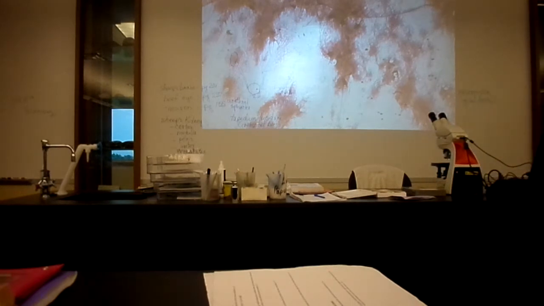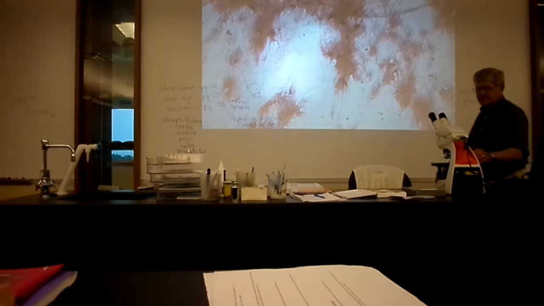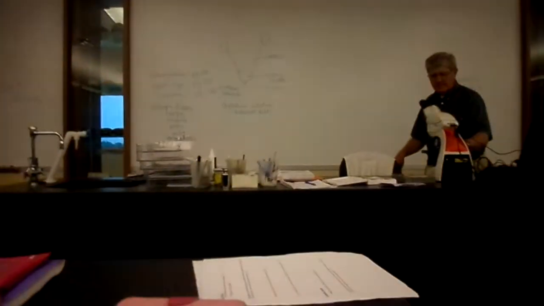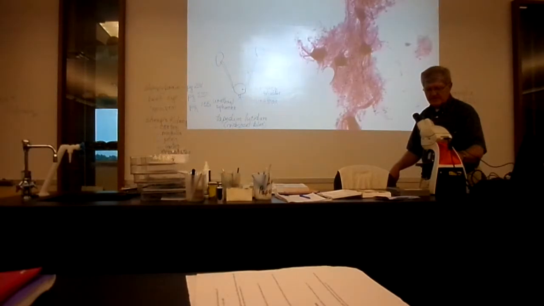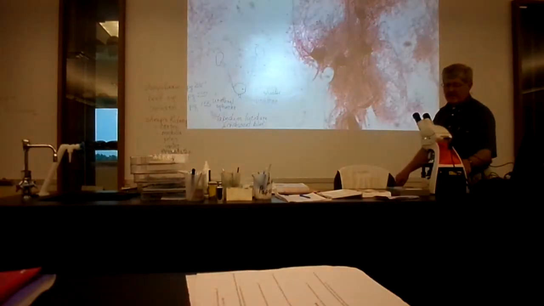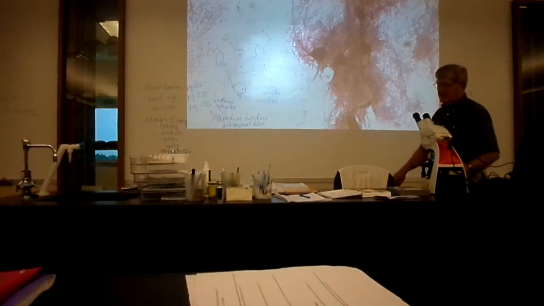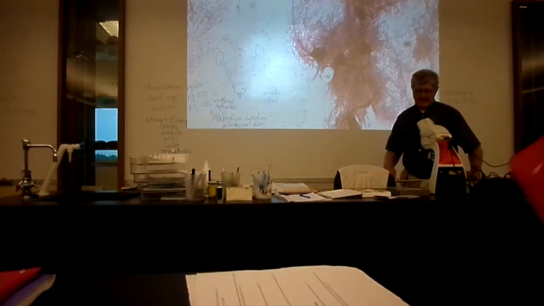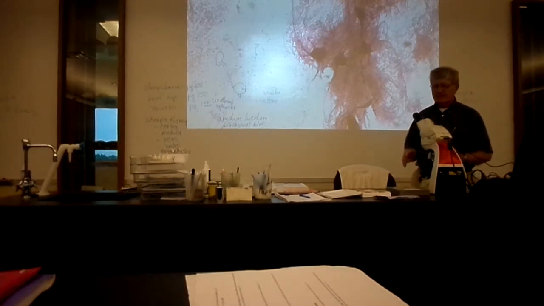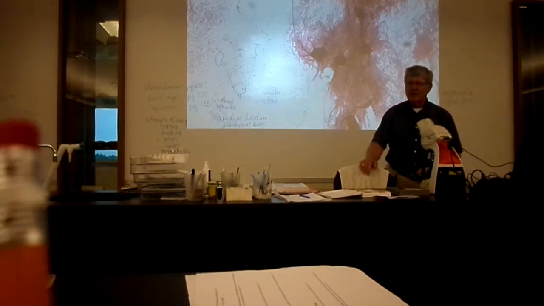Now, increase the magnification from 4x to 10x. And now our field is magnified 100 times. And what I'm going to do now is find what I think to be an ideal specimen so that we can identify parts.